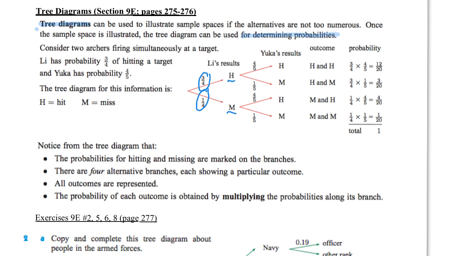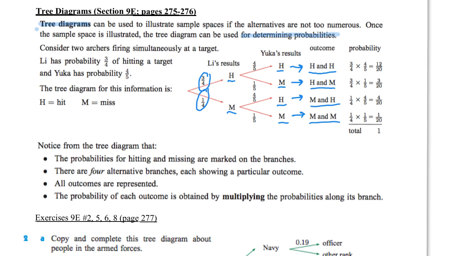Then we have Yuka, who's going to fire next, and she will either hit or miss after Lee hits. And if Lee misses and Yuka fires next, she'll either hit or miss. So the outcomes hit-hit, hit-miss, miss-hit, and miss-miss are just read off the branches.